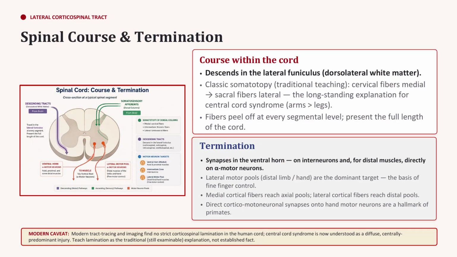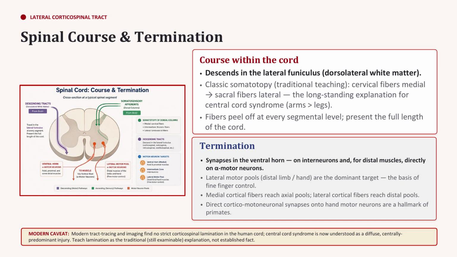After crossing, the lateral corticospinal tract descends in the lateral funiculus, the dorsolateral white matter of the cord. Note the internal somatotopy. Cervical fibers lie more medially, sacral fibers more laterally. That arrangement explains central cord syndrome, where a central lesion preferentially damages the medial arm fibers and produces weakness that is worse in the upper limbs than the lower. The tract sheds fibers at every level from cervical to sacral, and they terminate in the ventral horn.